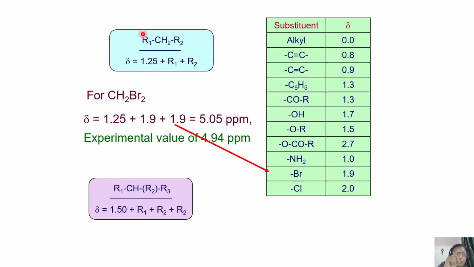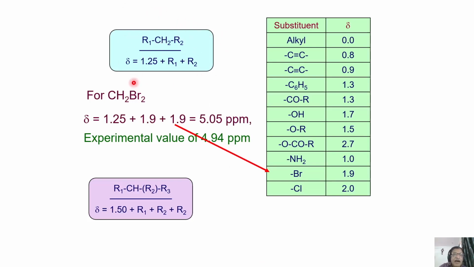That is the base value, and for this, the effects of R1 and R2 have to be added up. Then you know the total chemical shift for the CH2 protons. Did you get my point? Don't get confused.